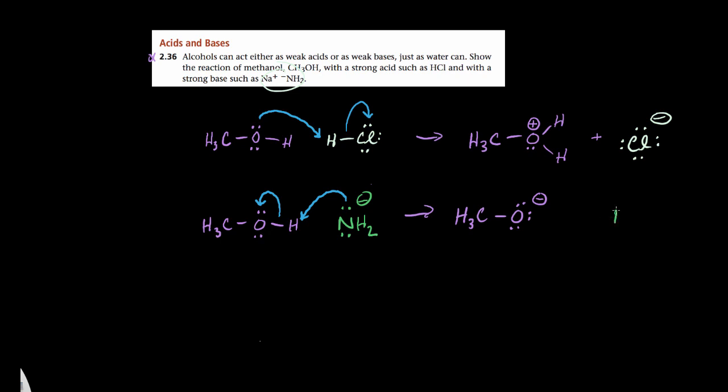NH2 minus is now NH3 with 1 lone pair instead of 2. So here, notice we've also conserved our charge. We've gone from a situation on the left with 1 negative charge on the amide, on nitrogen, to the negative charge being on oxygen.